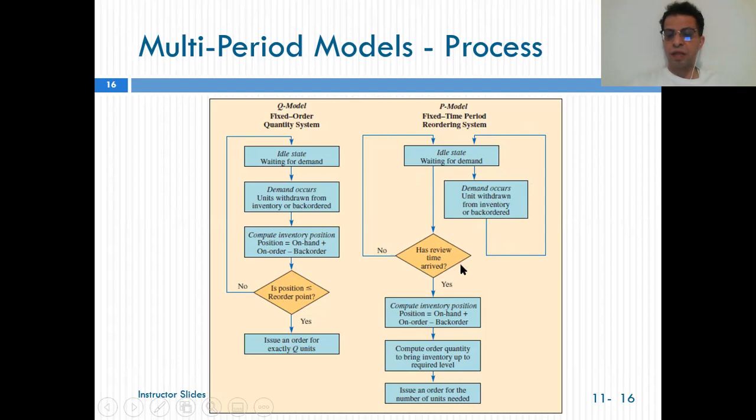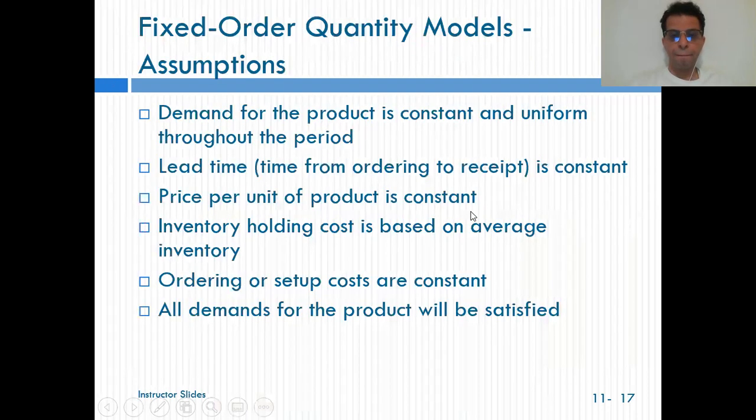If it's that month of the year, then if yes, you compute the inventory position: what you have on hand, plus on order, minus back orders. Then compute the order quantity to bring the inventory up to the required level, and issue an order. If no, you go back. You notice they are not affected by demand, it is not driven by demand.